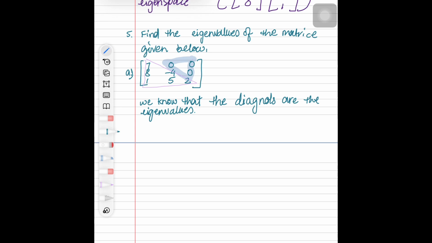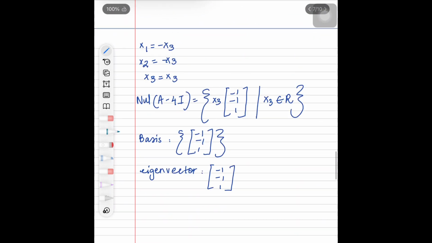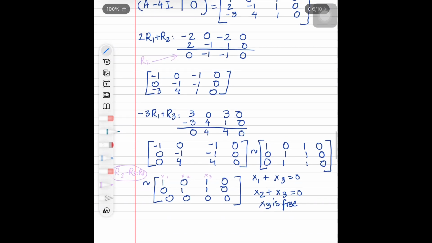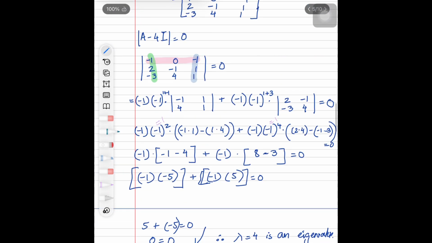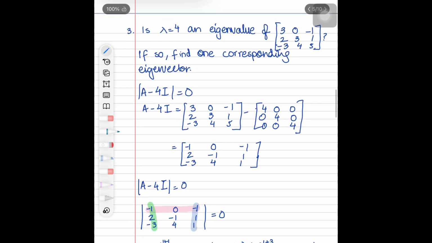I don't think you'll have to, since that is the answer. So in this case, lambda equals 7, negative 4, and 2. You don't have to check that, but still you can check that with the technique that we used above, in the first question that we did.